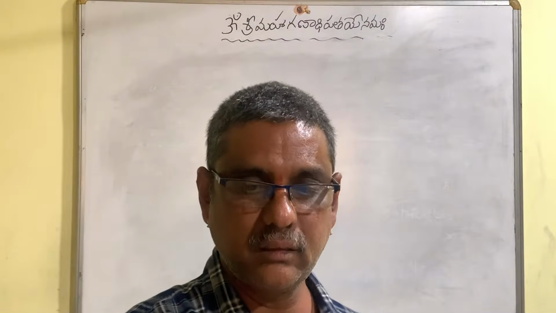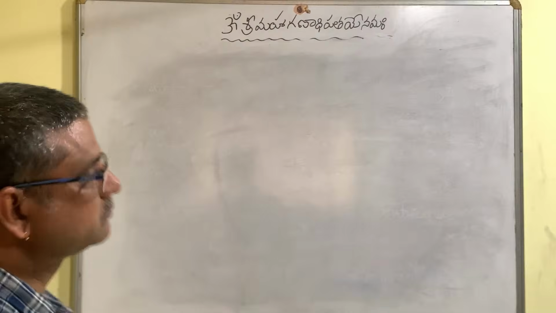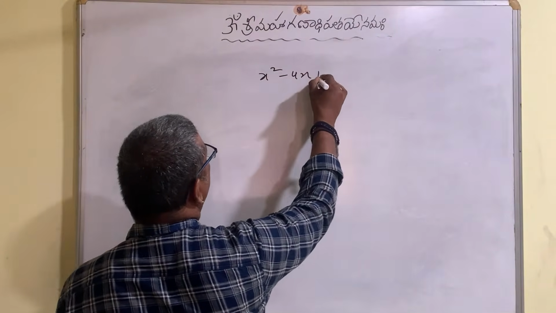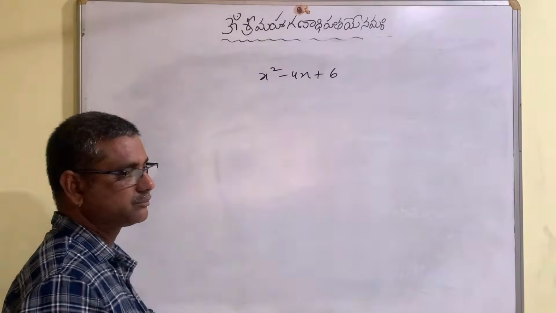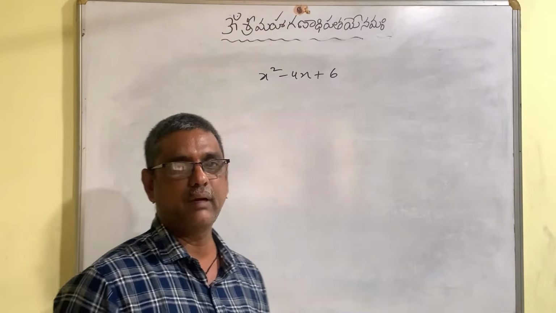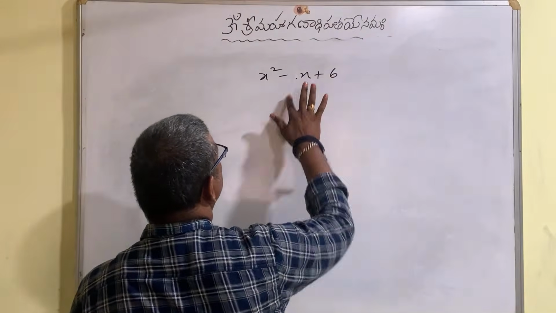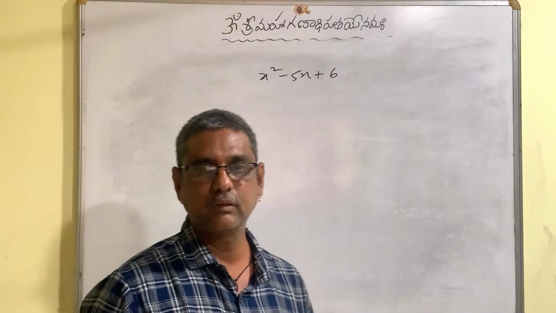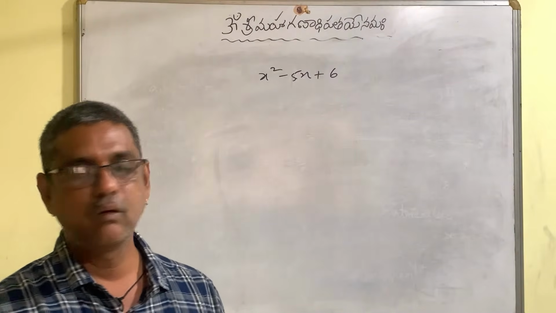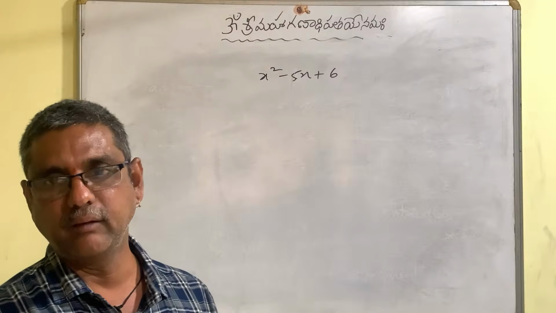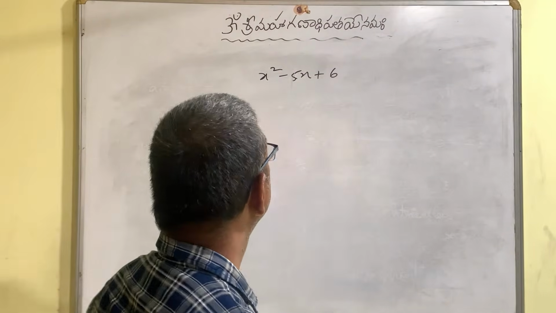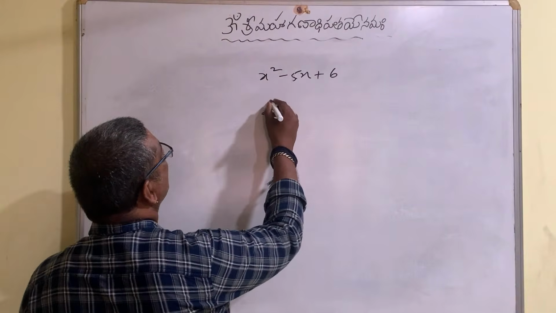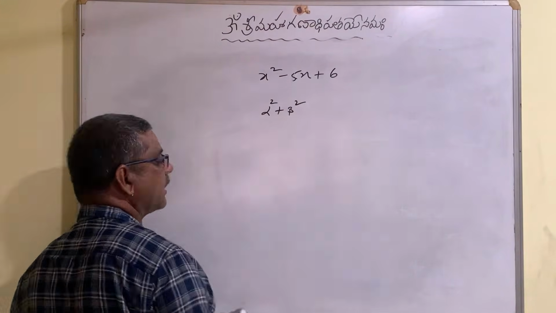Let us start with a problem. Consider a quadratic polynomial whose zeros are alpha and beta, and we need to find the value of alpha square plus beta square.